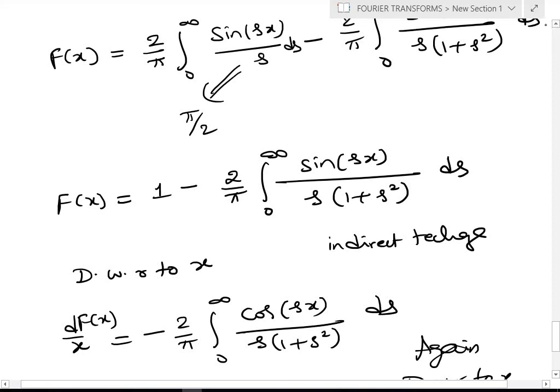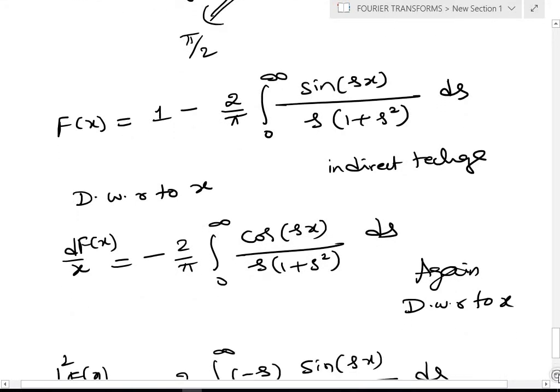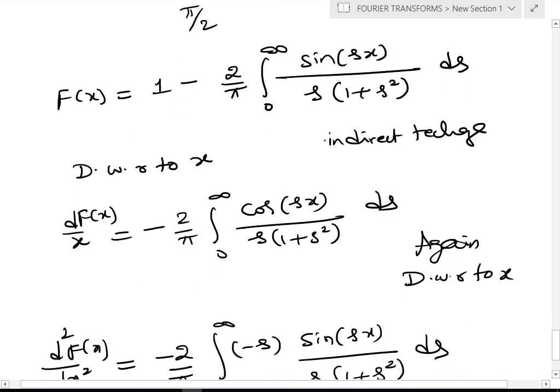So what will this function be? So s is not cancelled, s is there. I am sorry here. Just a second. f of x, one time with differentiation, 1 will become 0.